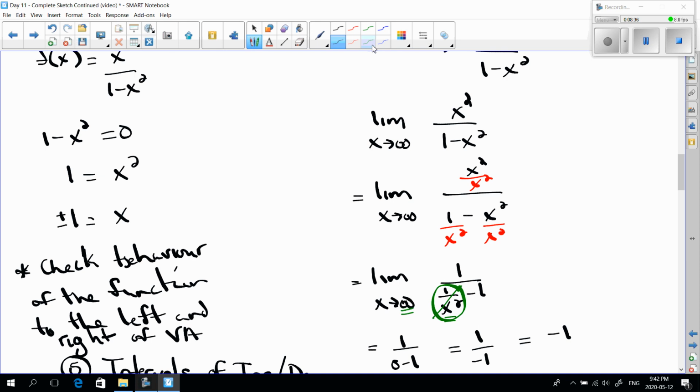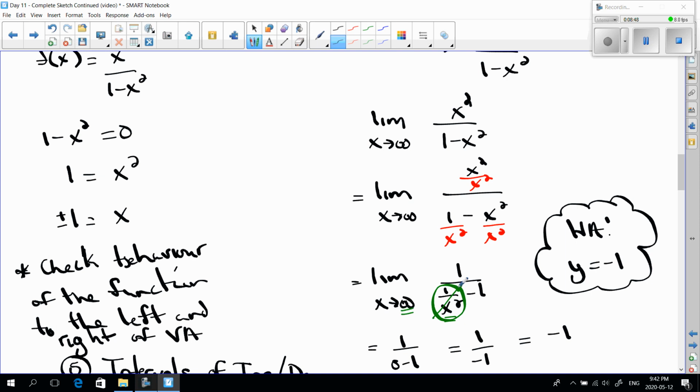My horizontal asymptote would be at y equals negative 1. So that's where my horizontal asymptote is. That means I would go down 1 unit and draw a horizontal line. Over here, I have two vertical asymptotes, one at x equal to 1 and one at x equal to negative 1.